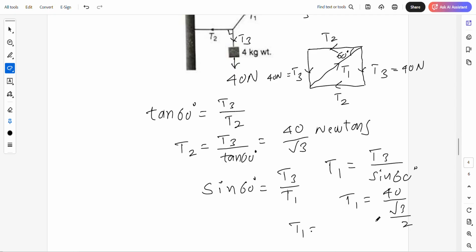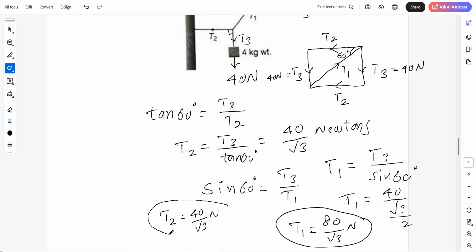T1 is equal to 2 into 40 is 80 by root 3 newtons, is the right answer. T2 is equal to 40 by root 3 newtons, and T3 is 40 newton. Hope you understood this.